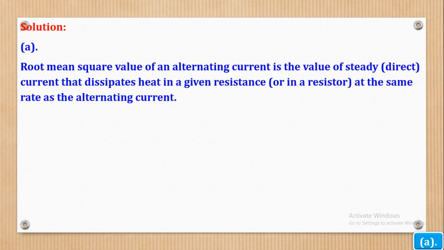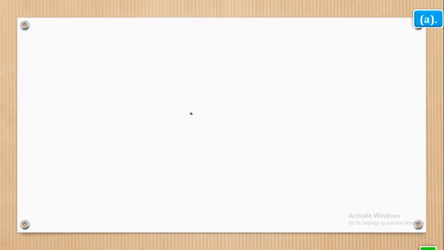So you come and say the root mean square value of an alternating current is the value of steady current that dissipates heat in a given resistor or given resistance at the same rate as, know that word, as the alternating current. And that's how marks will be awarded. So now we shall go to part B.